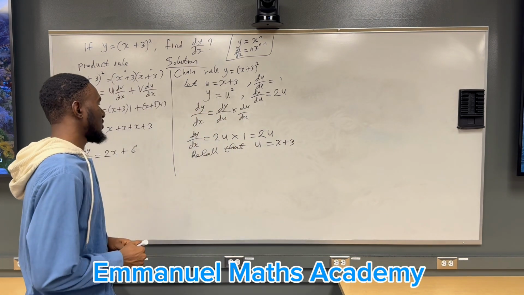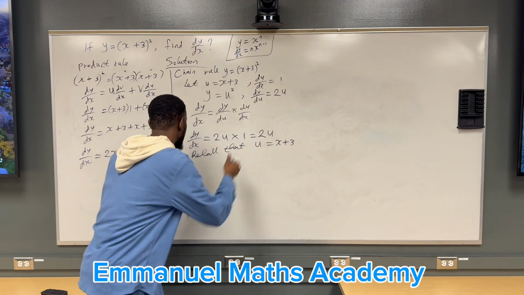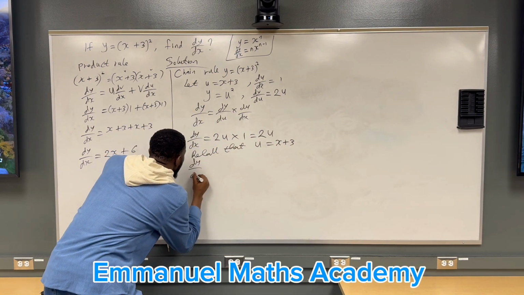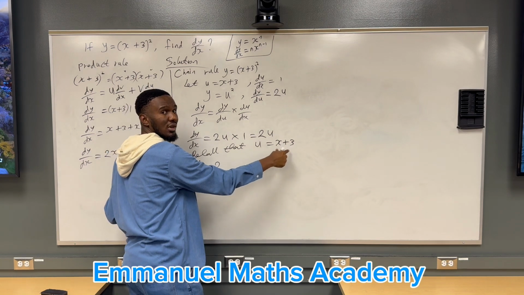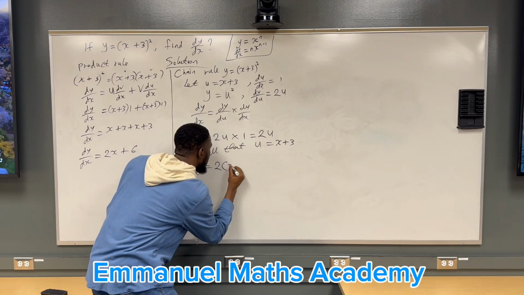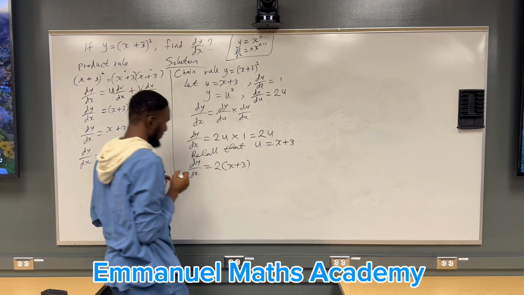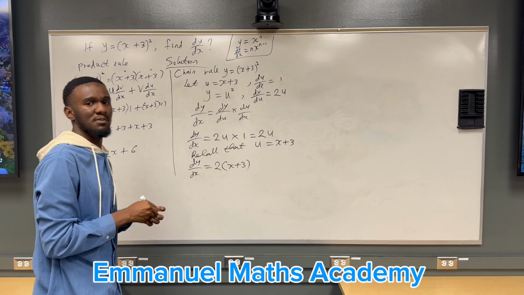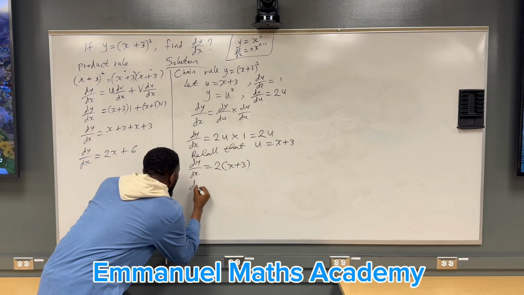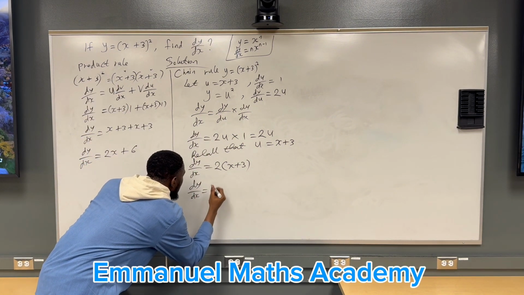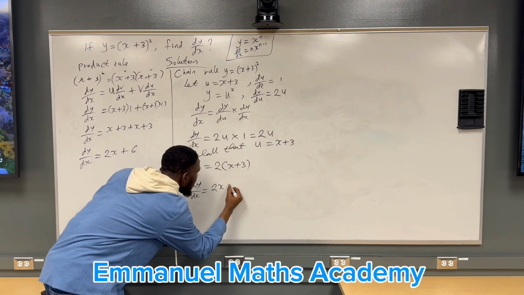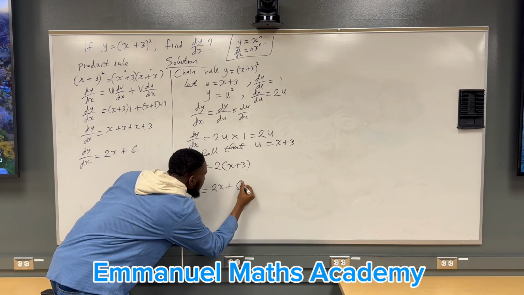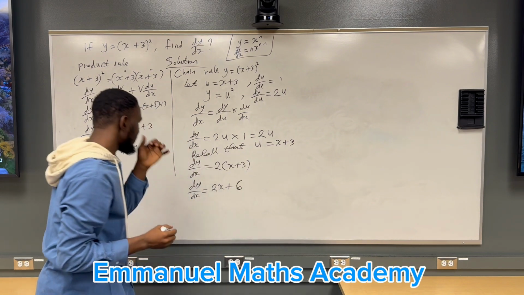You now substitute the value of u, bring it back here. Hence, our dy/dx is equal to 2u. You now bring back the value of u, which is this. You now expand. This is dy/dx equal to 2x, this times this times this, 6.